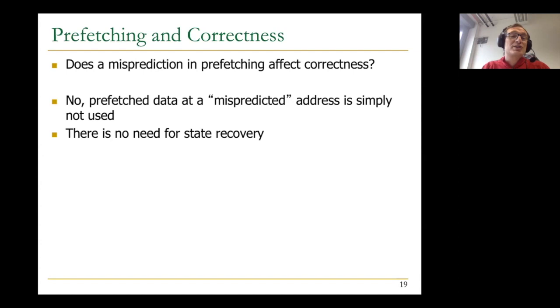But of course, there may be security implications of bringing data into the cache that you're not supposed to bring, right? Someone can inspect your cache using Meltdown and Spectre or similar techniques that have been developed afterwards, that are actually prefetching versions of these techniques, which we're not going to talk about in this course since we don't have time, but it's good to think about those also when you're doing prefetching.